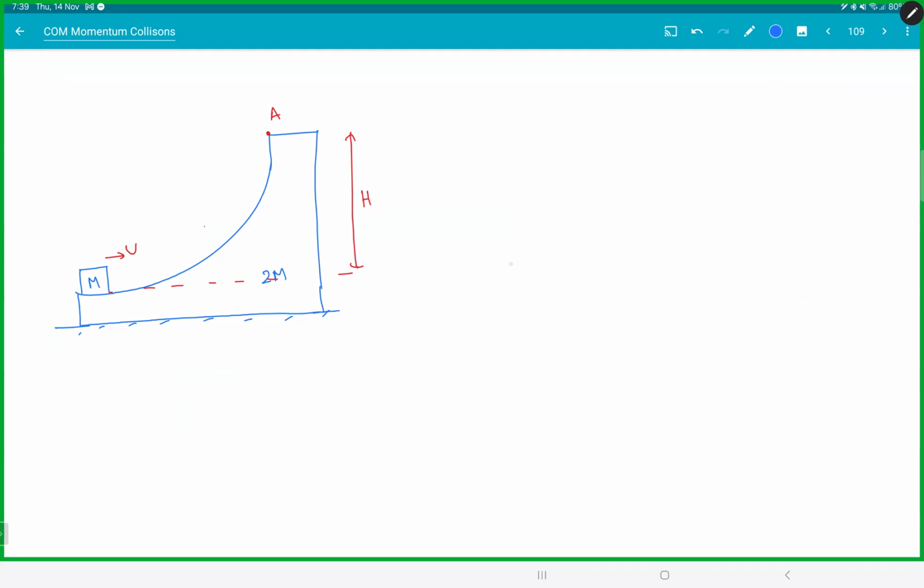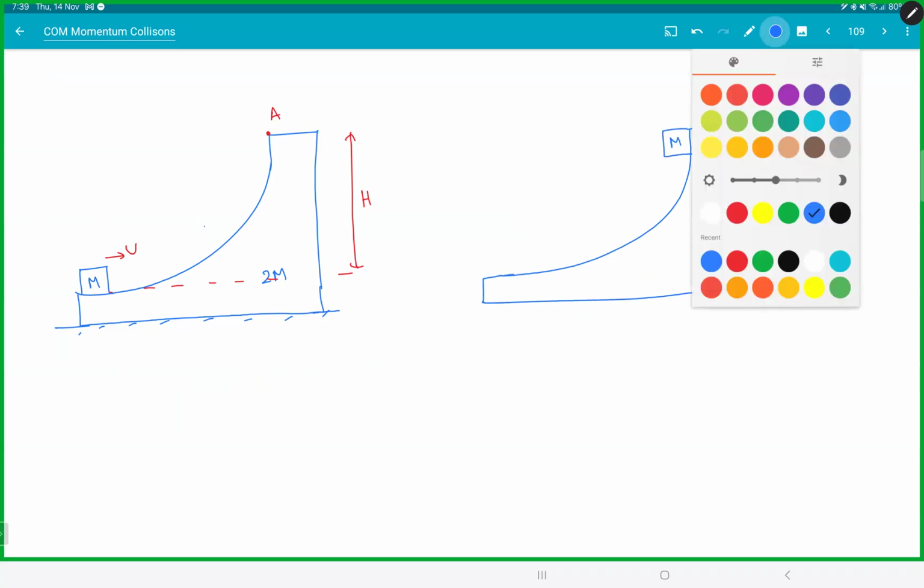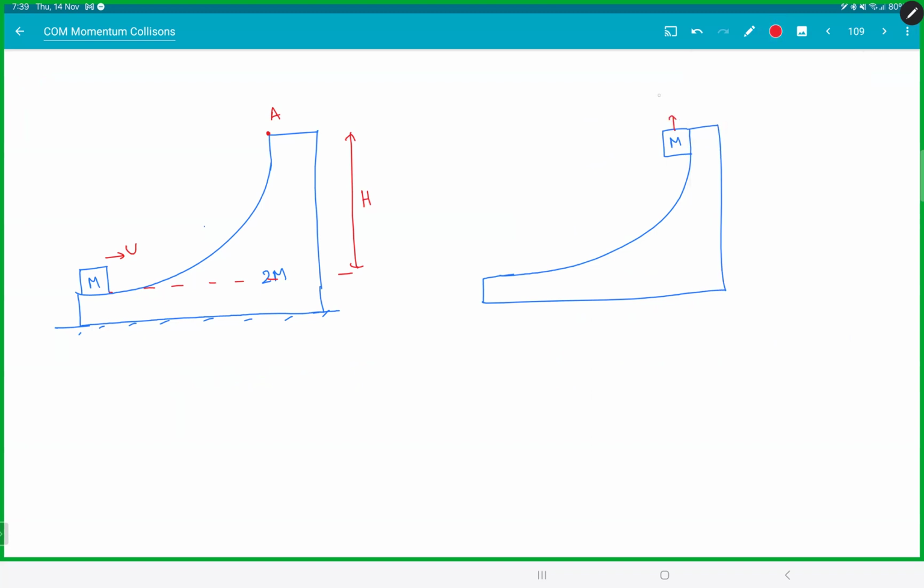So when the block reaches here, now see, you're asking for minimum speed, right? Means it will just reach here and will come to rest. So there's no vertical component of velocity.